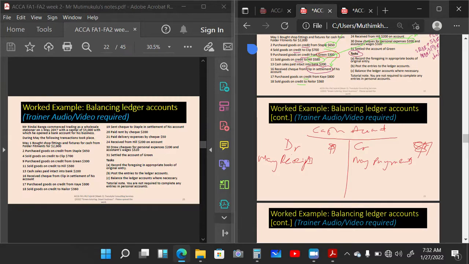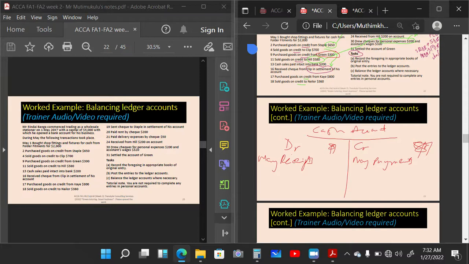This is now balancing. We need to post and balance. So you can see that items B and C are going to be completed simultaneously. You post and balance.